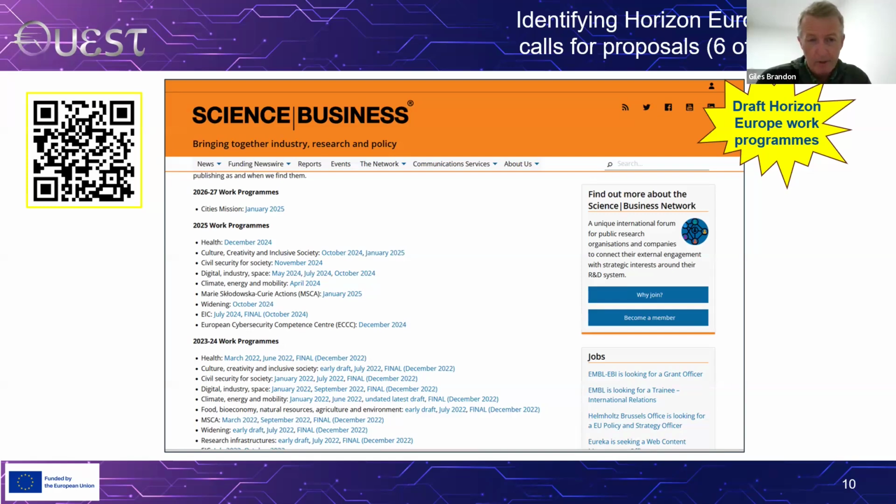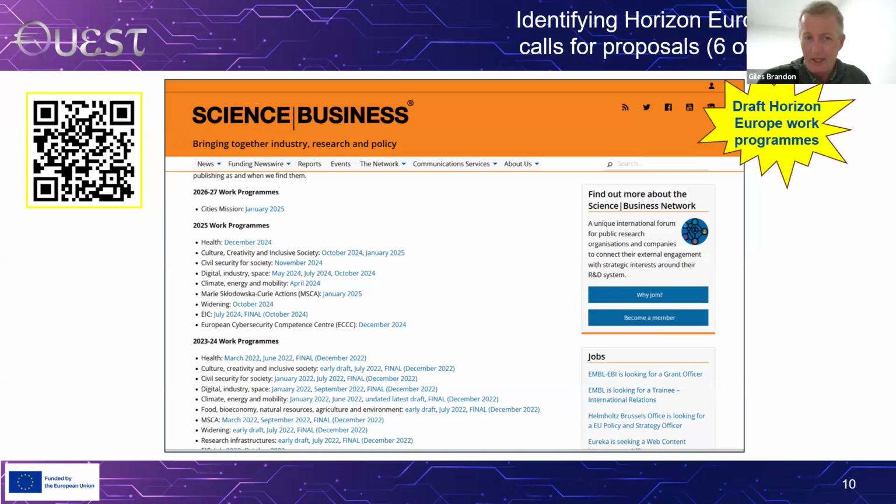One thing to add, though: be careful. These are drafts. The first one I see there, health, was published in December 2024. Because this health work program is probably imminent in having the finalized version published, this draft version from December is probably very, very close to the finalized version.